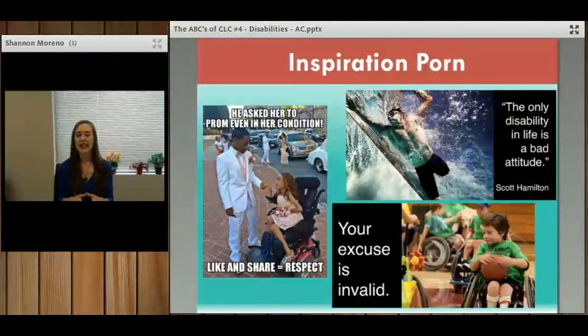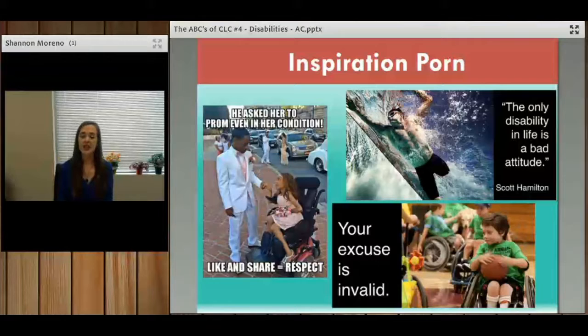It doesn't do a lick of good for any of these individuals, and if anything, it can cause significant harm because it perpetuates this idea that folks should have low expectations for persons with disabilities, and that just being human, being kind, interacting in a very typical way with someone who has a disability is somehow heroic. So these types of images, this way of viewing persons living with disabilities can be very impactful in a very, very negative way.